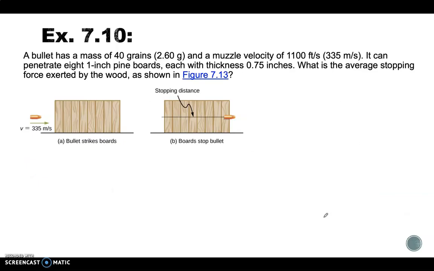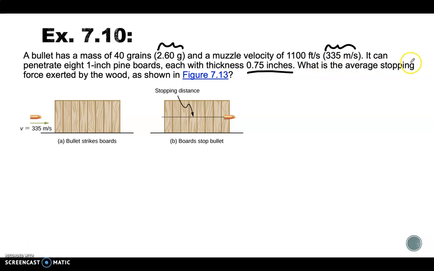This is 7.10. It states that a bullet has a mass of 40 grains, or we're going to say 2.6 grams, and a muzzle velocity of 335 meters per second. It can penetrate 8 1-inch pine boards, each with a thickness of 0.75 inches.